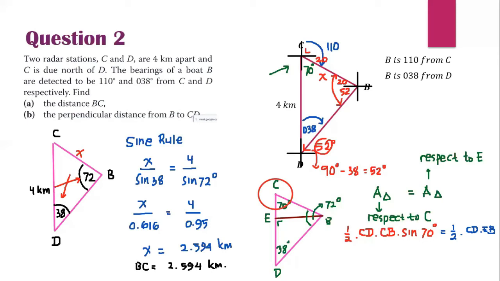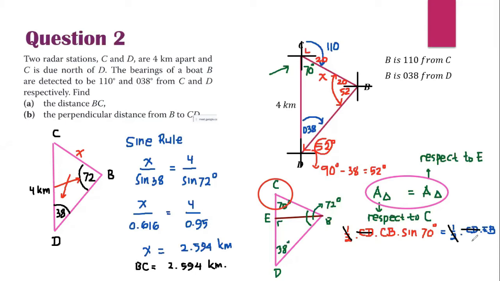Next, we can simplify this equation, right? A half cancel, CD cancel, right?